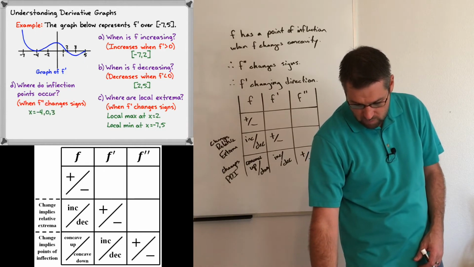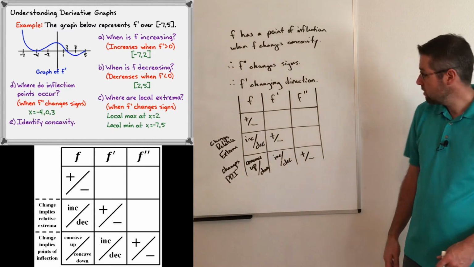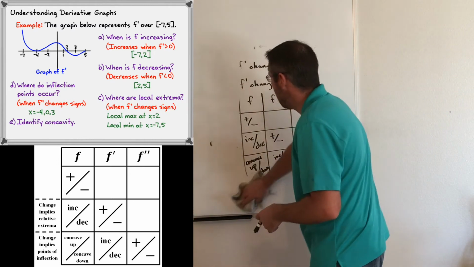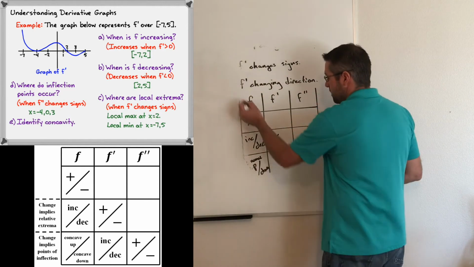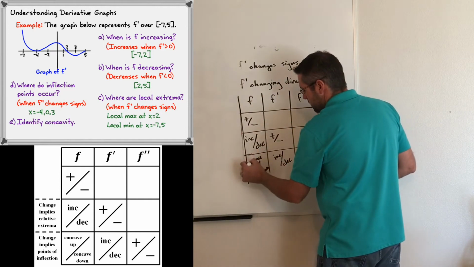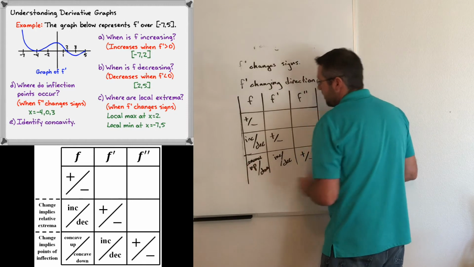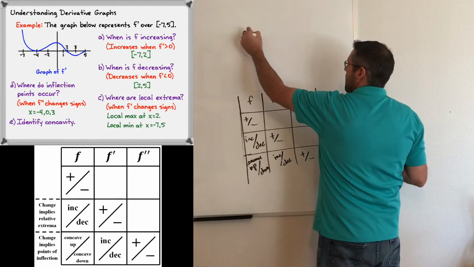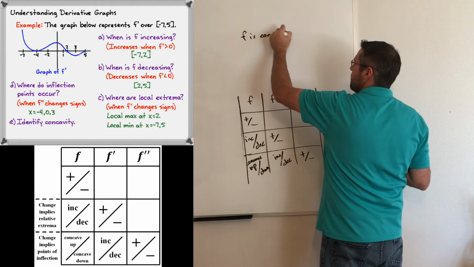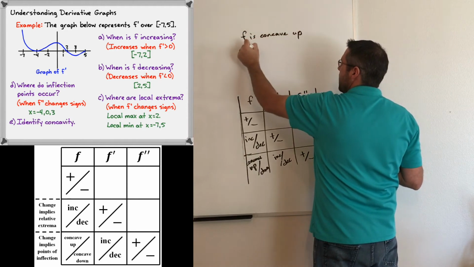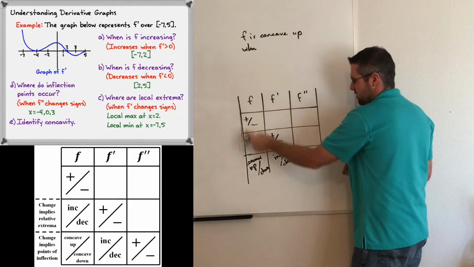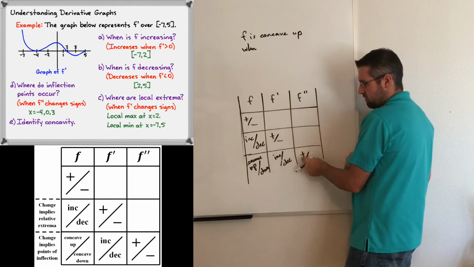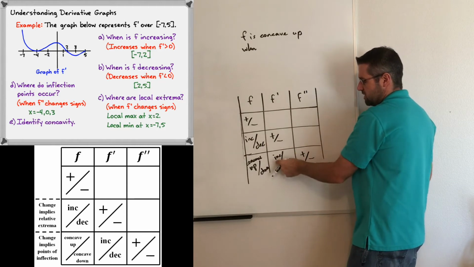Okay? All right, and the last question here is identify the concavity of F. Well, again, let me keep this here so I can point to it. We would say that F is concave up when, well, let's look at the chart. F is concave up when F double prime is positive, or when F prime is increasing.